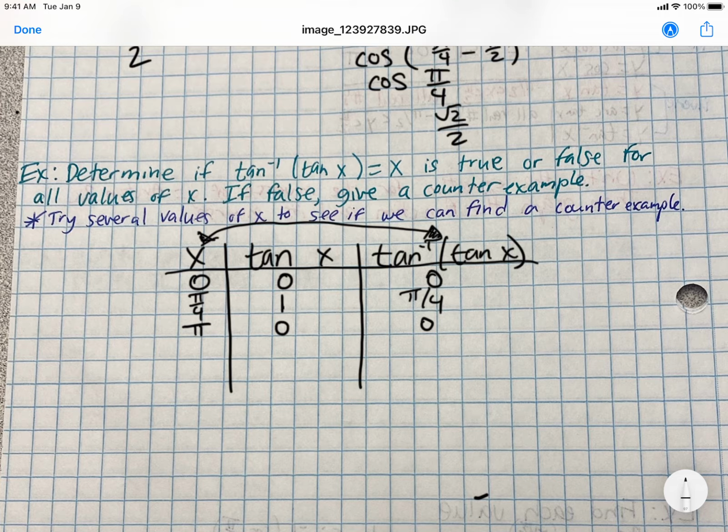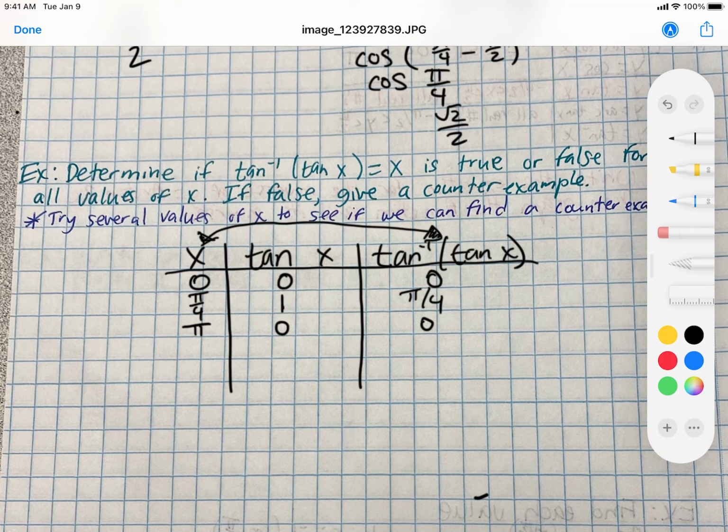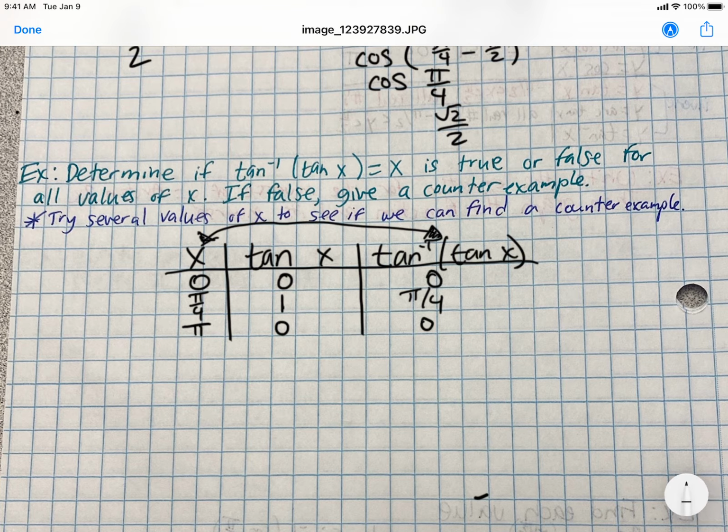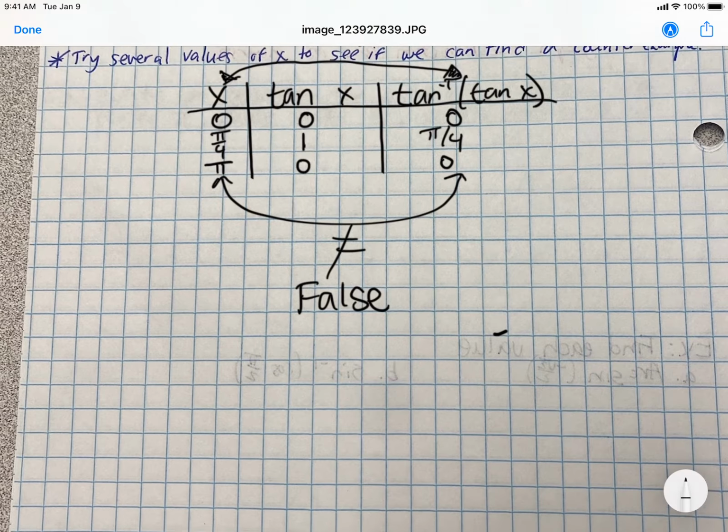So do those two things, the first column and the last, equal each other? They do not. That right there proves that this statement above is false. Plug in a couple examples to see if you can find one that doesn't work. I would suggest using your domain from the first page to help you find a counterexample.